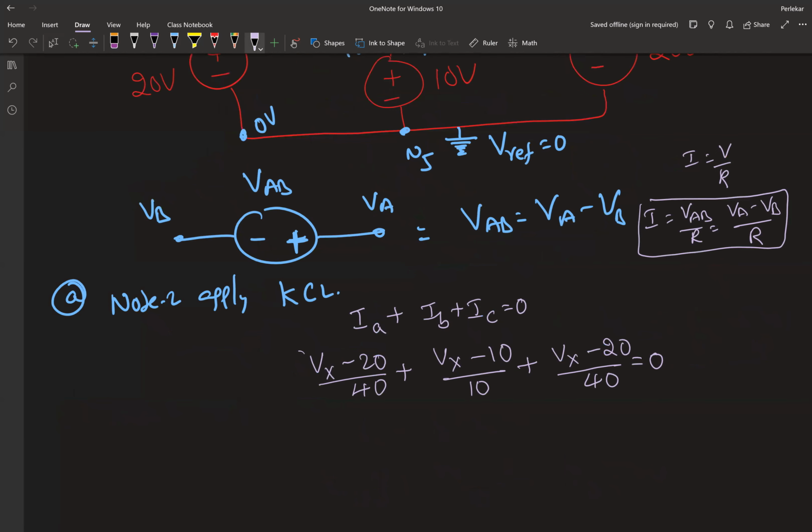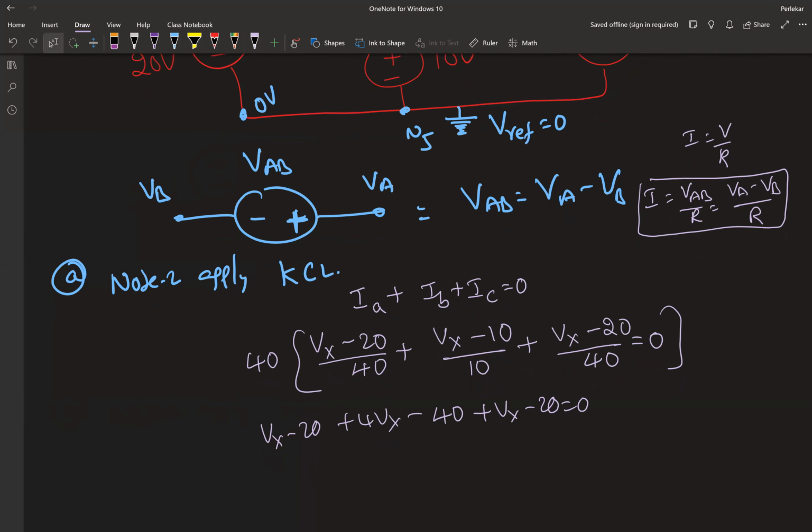So I have one equation, one unknown. I can find Vx. I'm going to multiply this by 40. So Vx minus 20 plus 4Vx minus 40 plus Vx minus 20 equals 0.